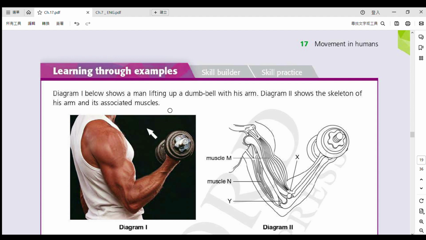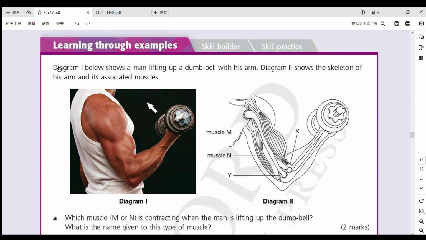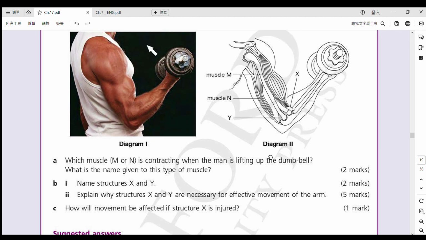Alright, so first one. After you're ready, you see diagram 1, where a man is lifting a dumbbell, and diagram 2 is the skeleton and muscles. This shows his bones and his muscles. Now first question: which muscle, M or N, is contracting when he is lifting up the dumbbell?